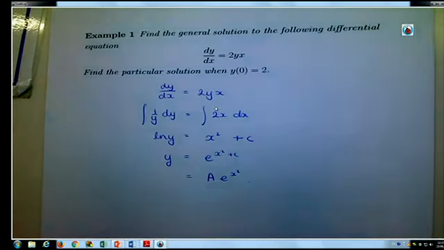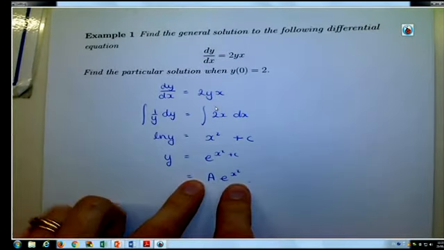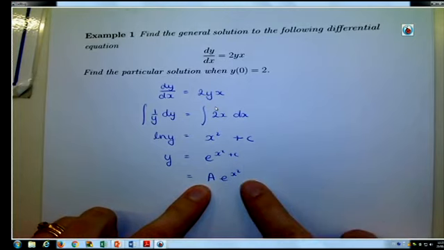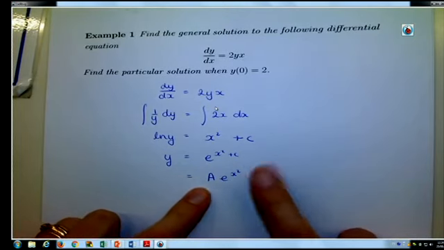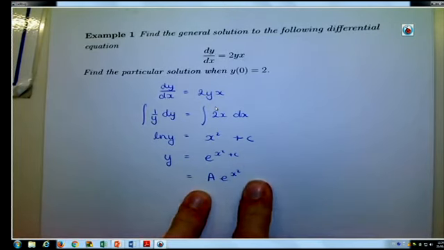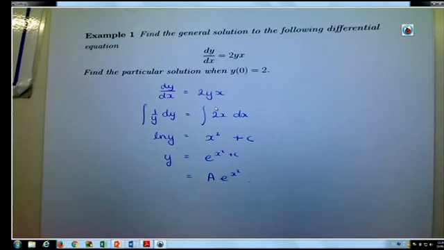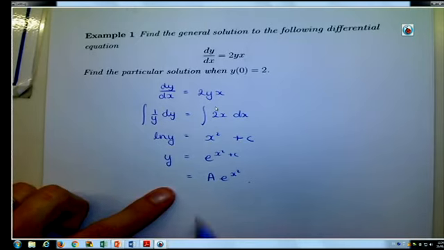Maybe? Okay, so make sure you know your log laws so you can go from something like this to something like this. If you don't know your log laws, either come see me or there is some extra material on the course webpage with a couple of good resources for figuring them out. Okay, that's going to be our general solution.